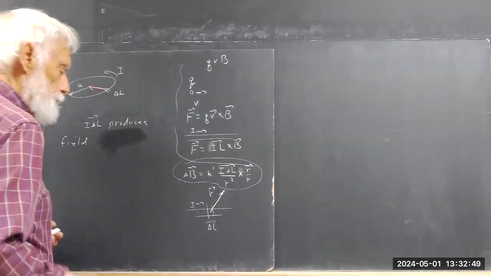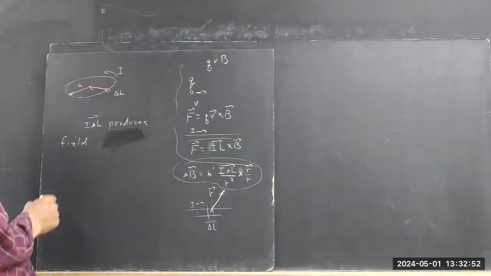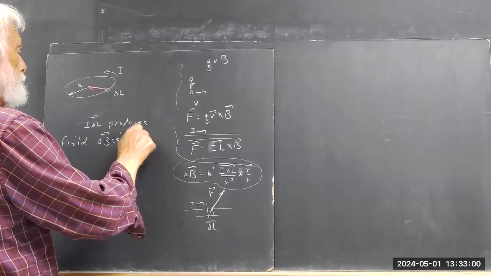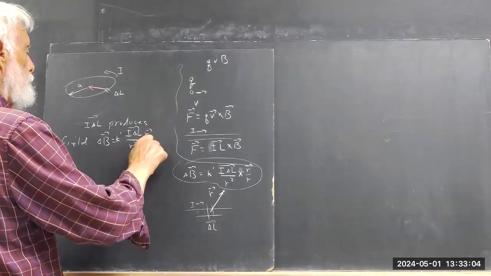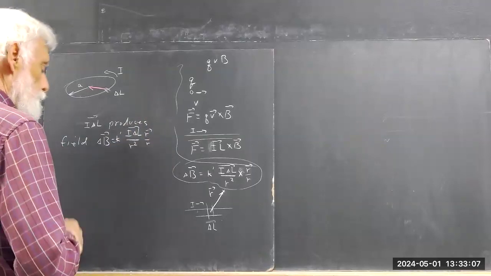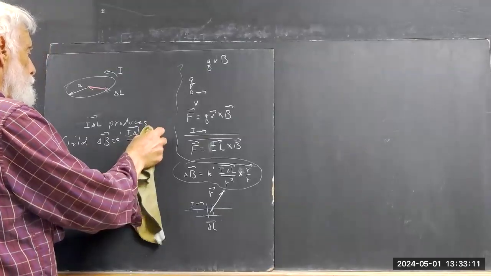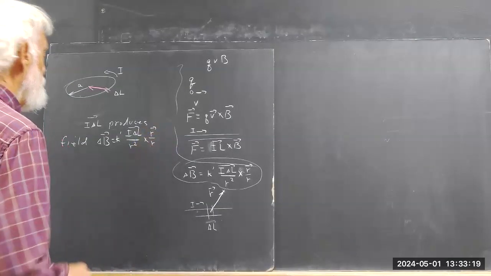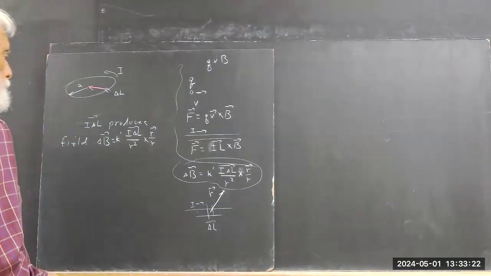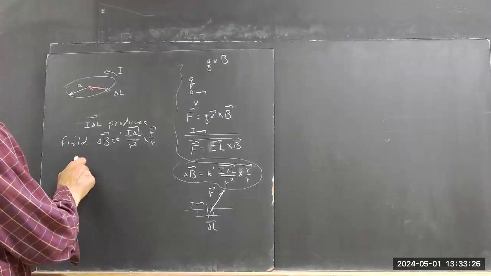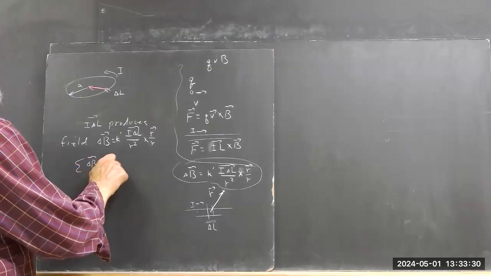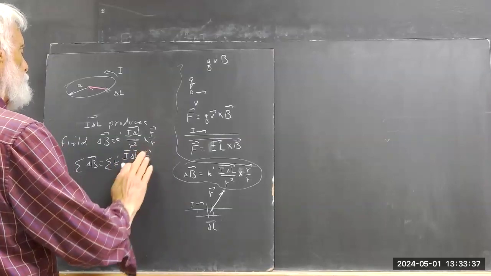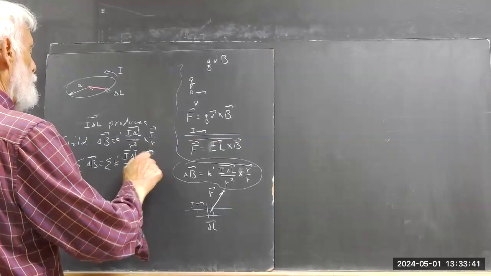Cross product. Sum of your delta B's, sum your K prime I delta L over R squared, R cross R over R.